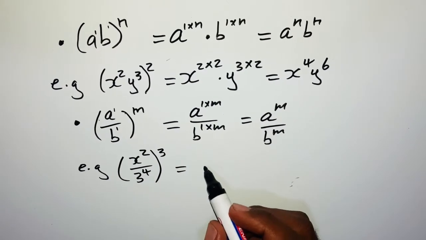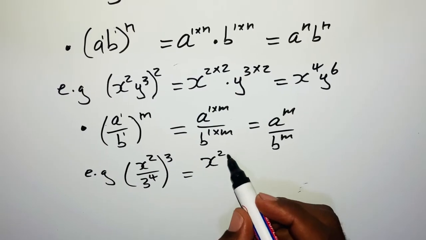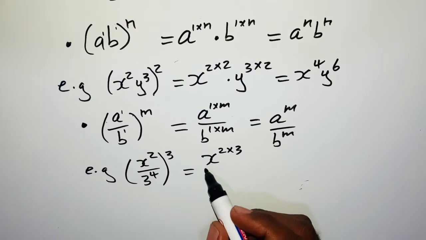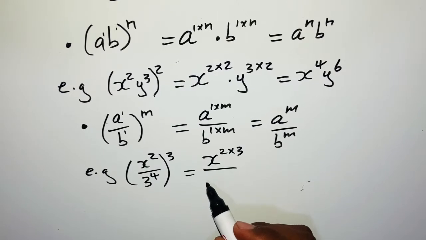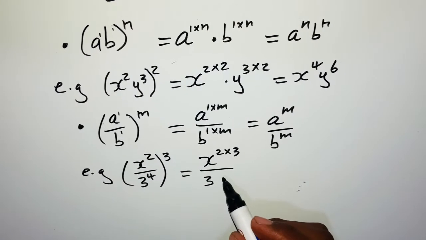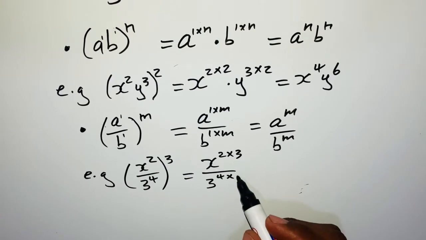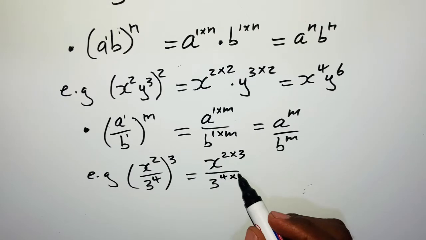This will give us x, 2 times 3, all over 3, 4 times 3.